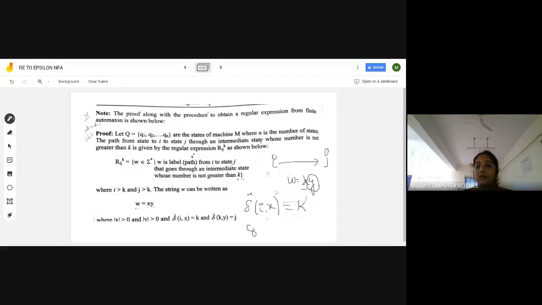So I will write one more transition function. What is my present state now? I have traveled from I to K by consuming the input X. Now I will travel from K. My path starts from K because I have ended up at the state called K, which is the intermediate state. What is the next alphabet to be consumed?